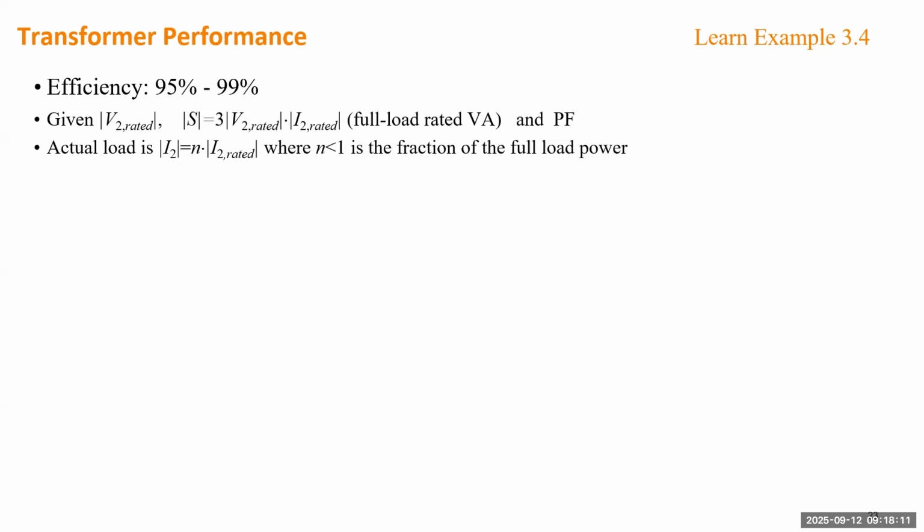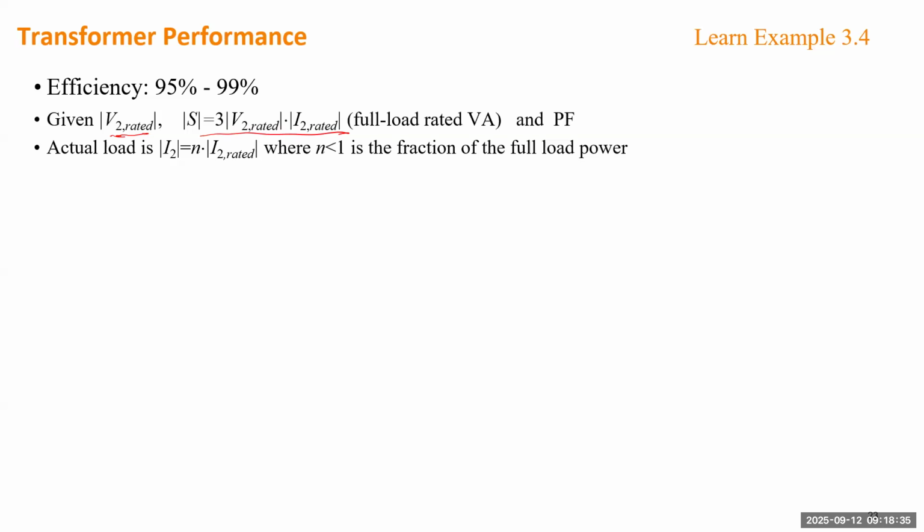So let's assume the secondary side winding. The subscript 2 just indicates the quantities about the secondary winding. Assume the secondary side is operated at the rated condition. Apparent power will be 3 times the secondary voltage multiplied by the secondary current. They're both rated values.